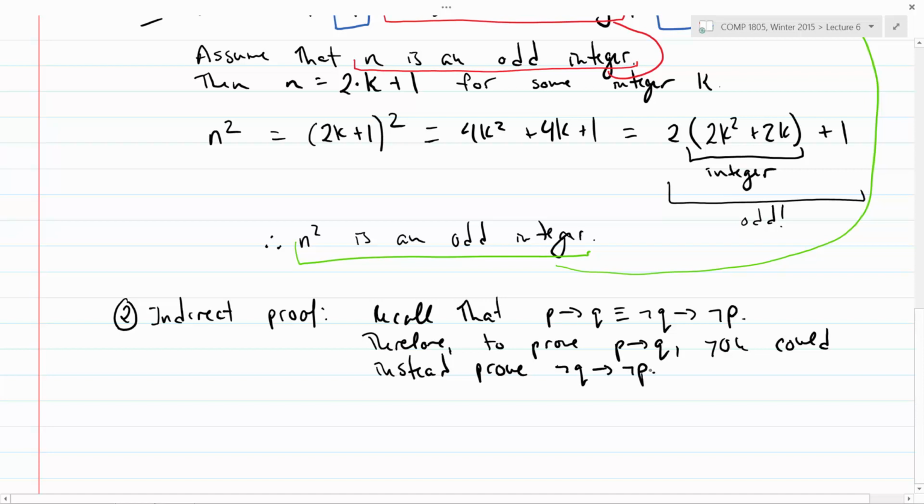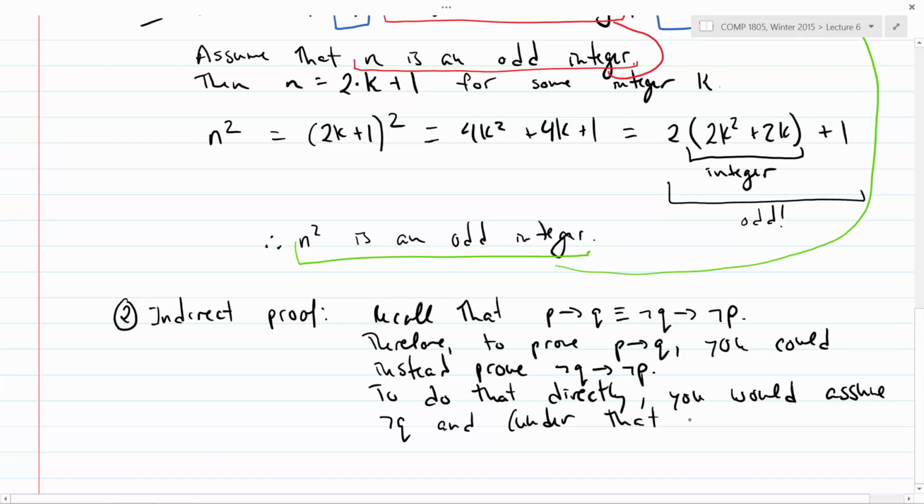And if you do that directly, you would end up proving... you would assume not Q, and under that assumption, show that not P must be true.